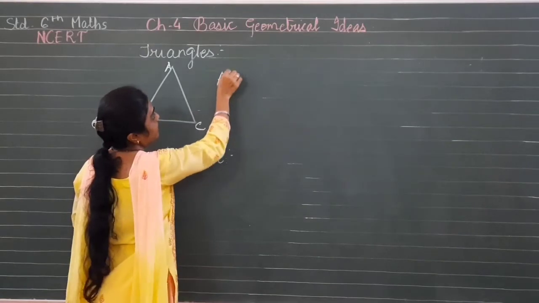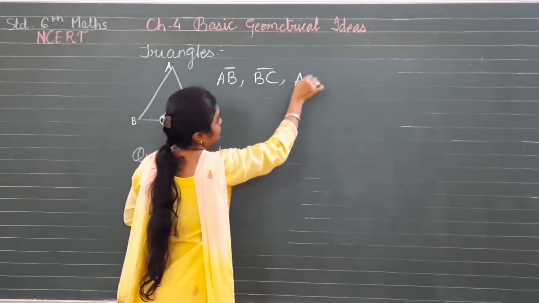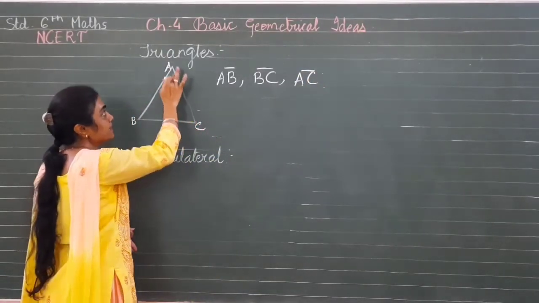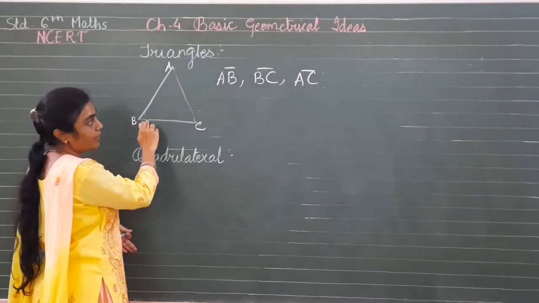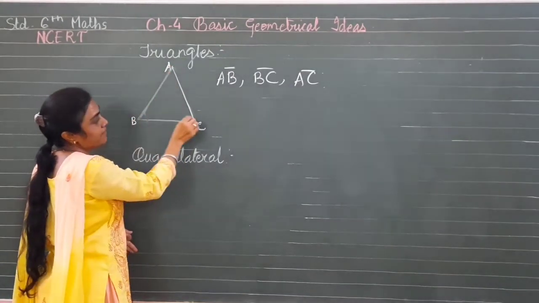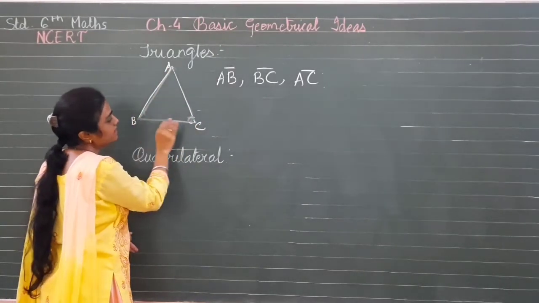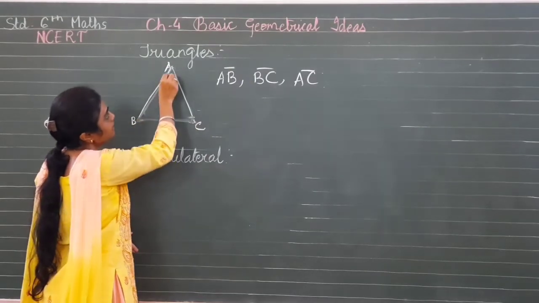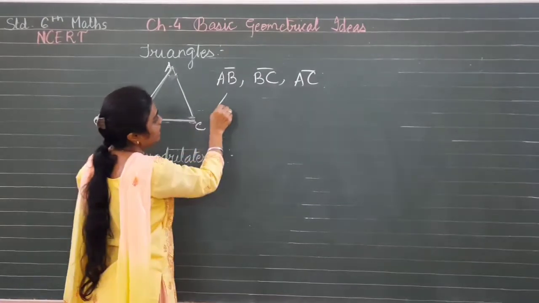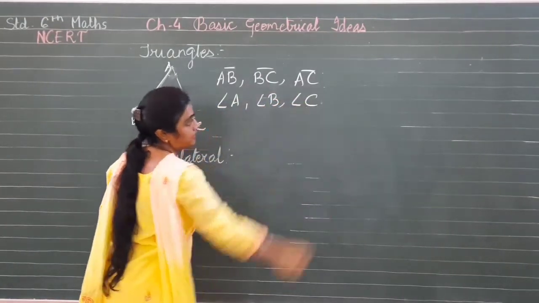It has 3 angles. Suppose I rub this, it will form an angle over here. Again I rub this, it will become an angle over here. And I rub this line, here it will be an angle. So the 3 angles are angle A, angle B, angle C.